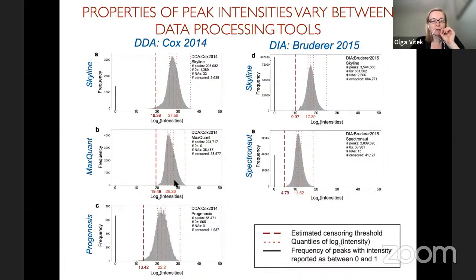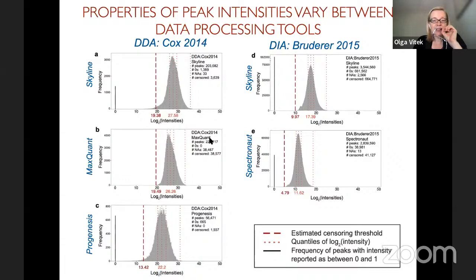Different tools report these abundances on different scales, which is not a problem because we do not interpret the abundance by itself. We interpret changes in abundances between conditions. If a tool quantifies the peak by truncating the tails or by the peak apex, of course, it will affect the intensity which is reported. And more interestingly, let's take a look at the number of peaks.